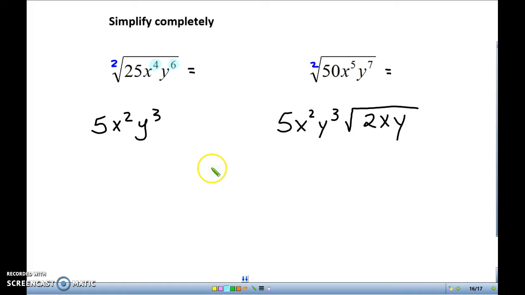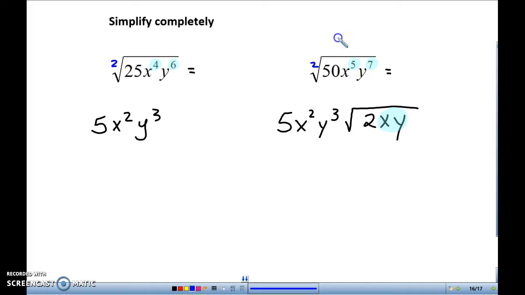When your exponents are even, there's nothing left under the radical sign, because variables with even exponents are perfect squares. Variables with odd exponents have a perfect square factor, but you're going to get an x and a y under the radical sign. All right?